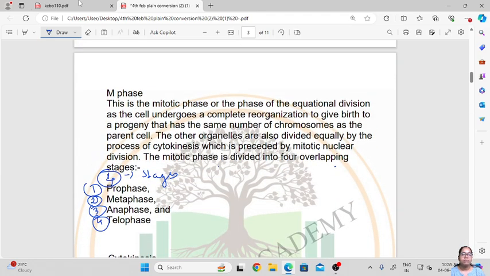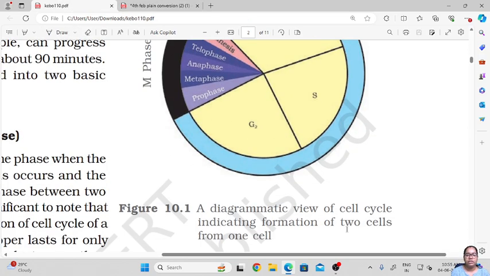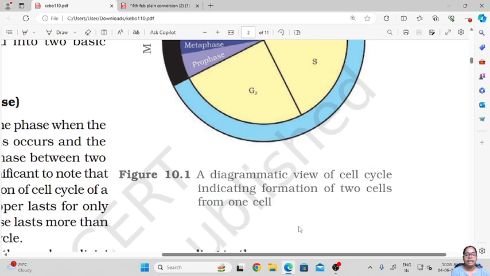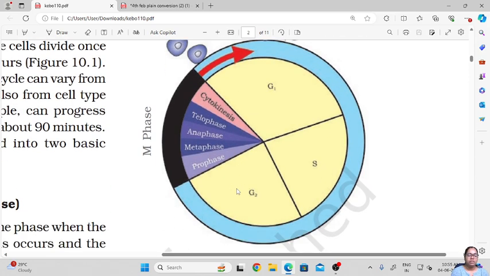So over here we can see the diagrammatic representation of the cell cycle indicating the two cells which are formed. Okay, so here this is the M phase. Your M phase consists of prophase, metaphase, anaphase, telophase and the cytokinesis.